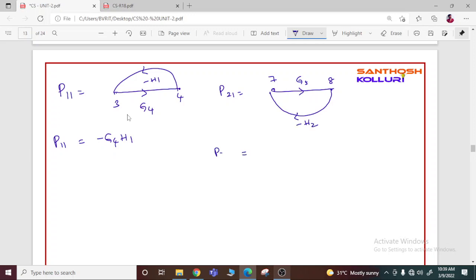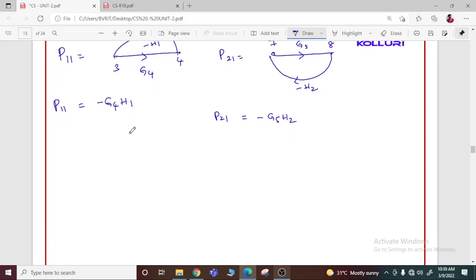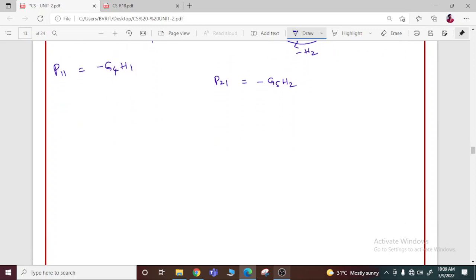So, this P21 can be written as minus G5 H2 and P31 is between the nodes 3 and 4, similarly 7 and 8.